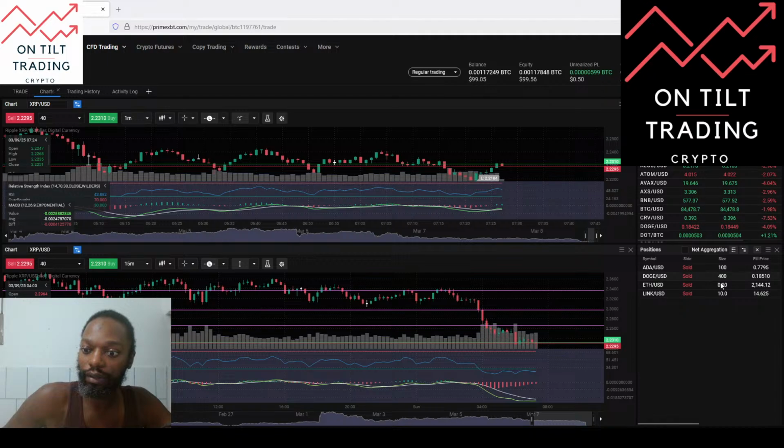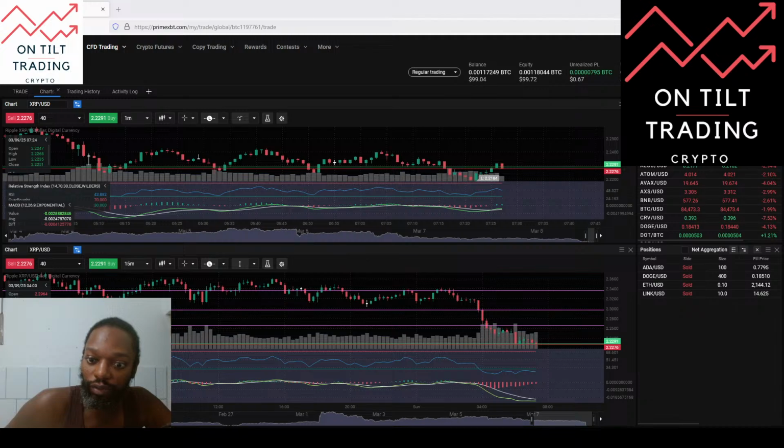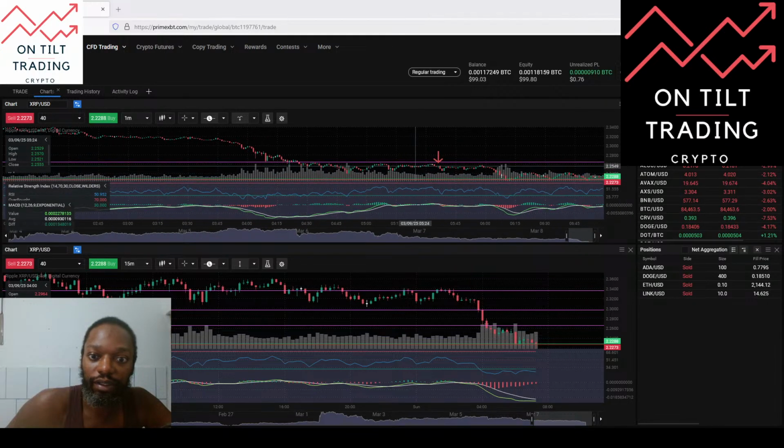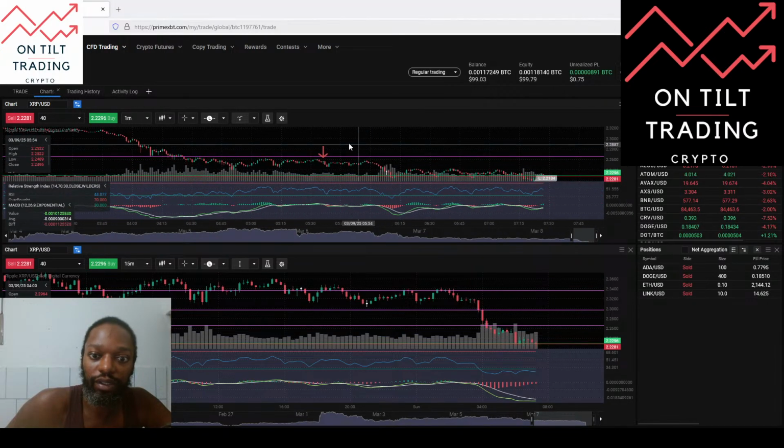You see the arrow is below this level, so we can't see it, but this is the low of the day so far. So profit target is actually the low. That's pretty cool. It could go lower. It could turn around and come back. Who knows? But that was my profit target, so that's what I want to stick with.